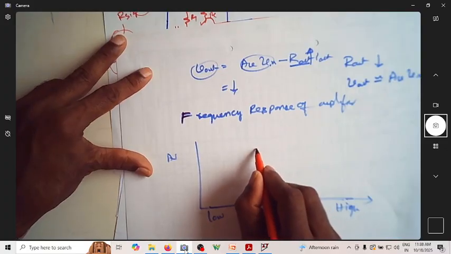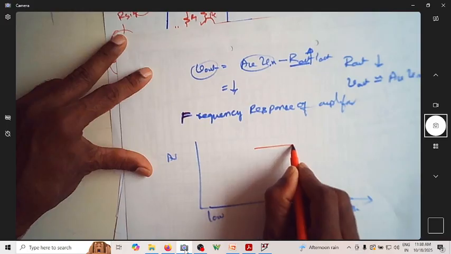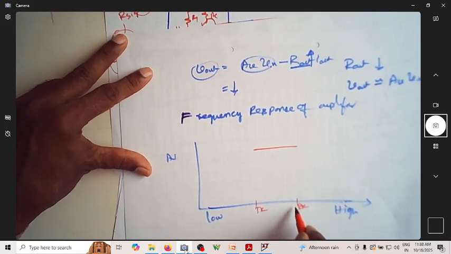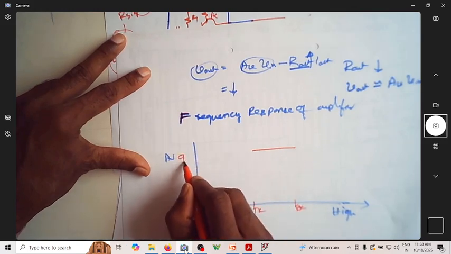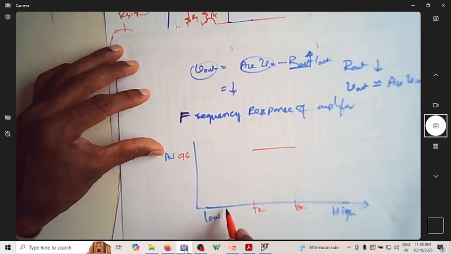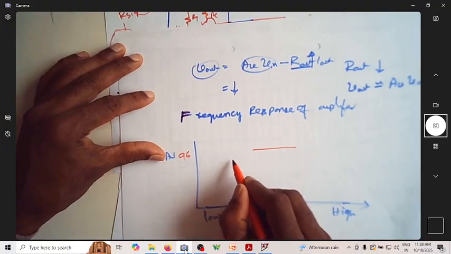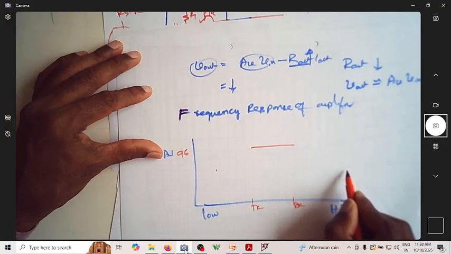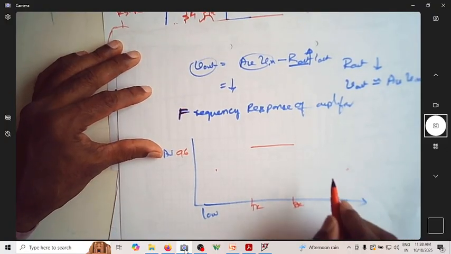When it was 50 kilohertz and 5 kilohertz, it is fine, with a gain of 96 or 97. When it was 50 hertz, the gain reduced. If you do the same for 500 kilohertz or 5 megahertz, the gain will reduce further.